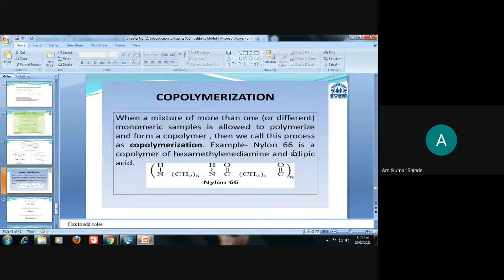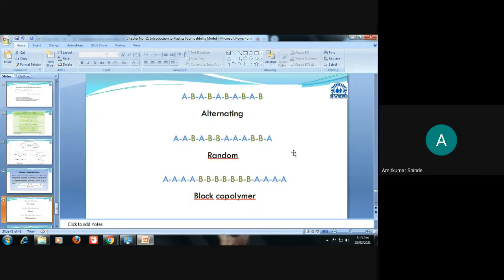Now, this copolymerization process is classified into three different types: alternating type, random type, and block type. Alternating copolymerization, random copolymerization, then block copolymerization. In alternating copolymerization, just remember the diagram; from the diagram itself, you can write the explanation.